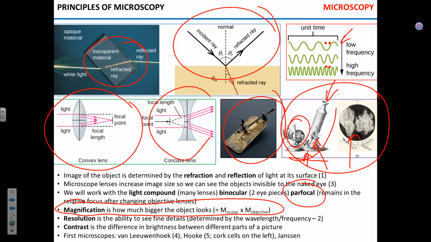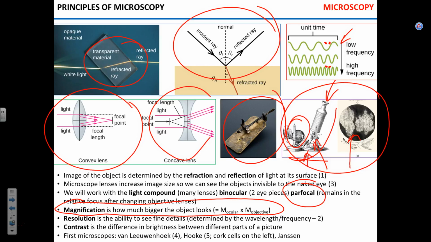But the idea is that the higher the frequency of the light, better resolution you're going to get. Okay? So what is the lowest frequency of the light? Which light has the lowest frequency, the visible color? Red. The highest? Blue. So we try to observe it closer to the blue part of the spectrum, if we can. UV light will have better, but we can't see it. Okay? Make sense so far?